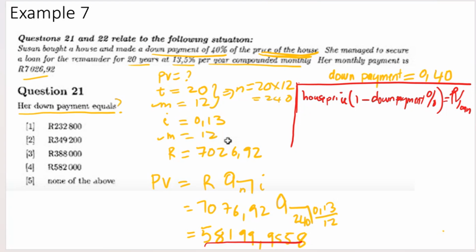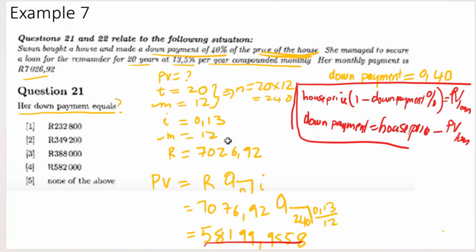Now, to get the actual down payment amount, the down payment is equal to the house price minus your PV loan. These are the formulas that are going to help you when you get questions about the down payment. Make sure you remember these.